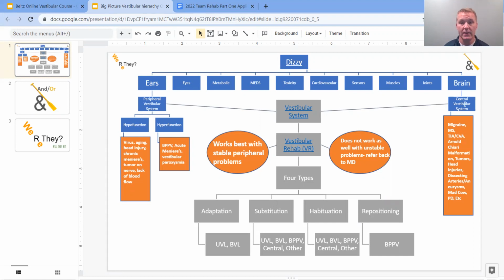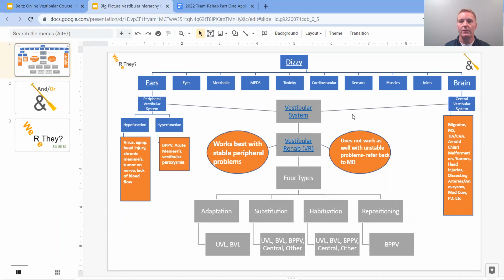We're going to dive deeper into what this means, but there are 2 major peripheral vestibular problems: hypofunctions and hyperfunctions, okay? And we'll go into the different types of problems that can come from these.